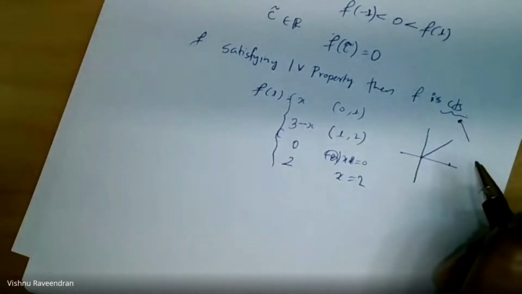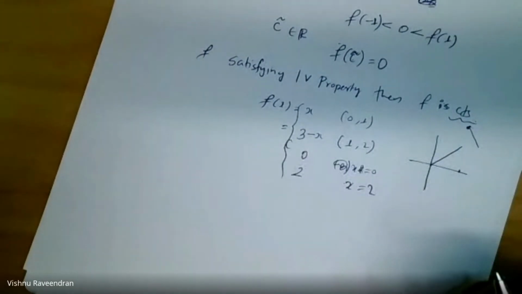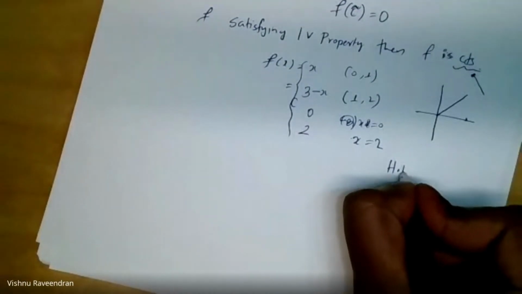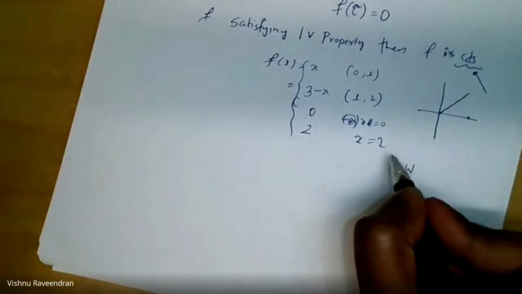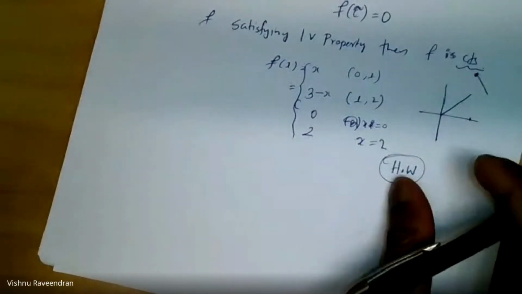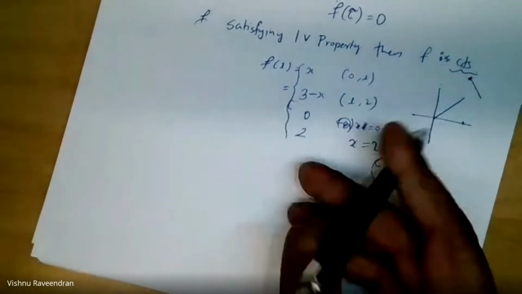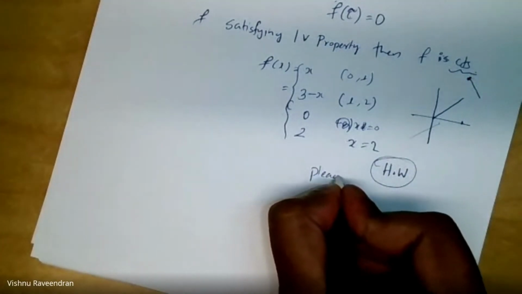But yes, I'll suggest you check this example at home, because I cannot say it directly. I need some time. Yes, so please check this example. Yes, sir. Okay, sir.